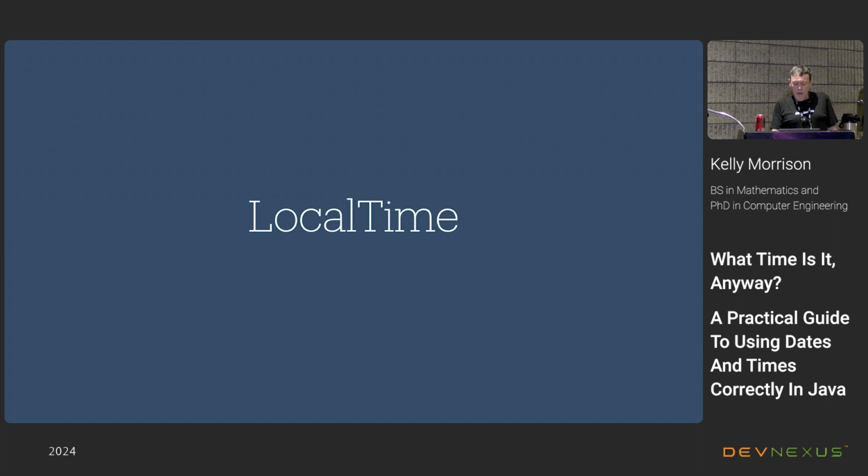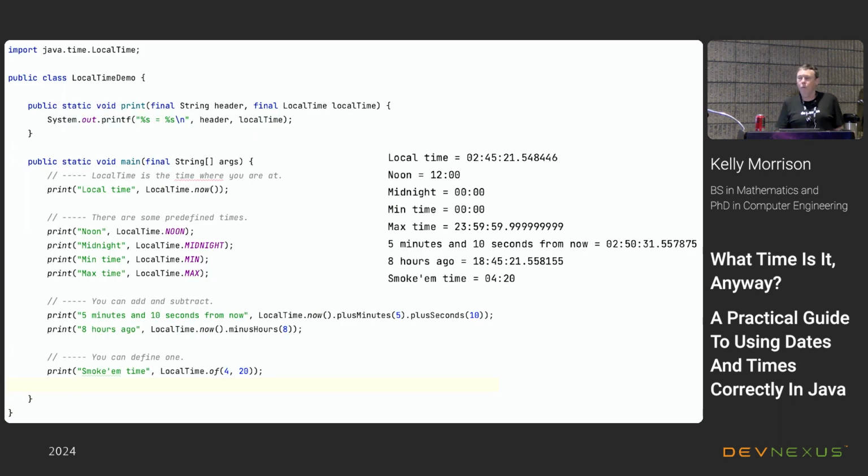Then there's LocalTime. And just like LocalDate, LocalTime shows you the time where it's at right now. If you do LocalTime.now, it's like looking at your watch. That's what time it is now. And there are some predefined ones. There's noon and midnight. See, noon is 12 o'clock, midnight 00. And then the min time and max time are pretty much what you expect. The min time is midnight, and the max time is just a nanosecond before midnight.